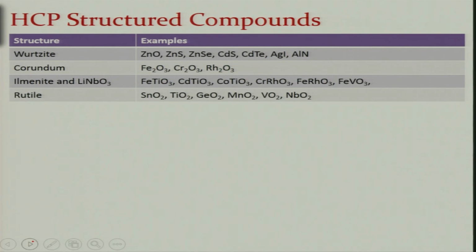Then we looked at HCP structured compounds, which are wurtzite, corundum, ilmenite, lithium niobate and rutile, and many of these are dielectric in nature. Titanium oxide based materials, ilmenite and lithium niobate are dielectric materials. This is a summary of how the structure of these dielectric ceramics evolves.